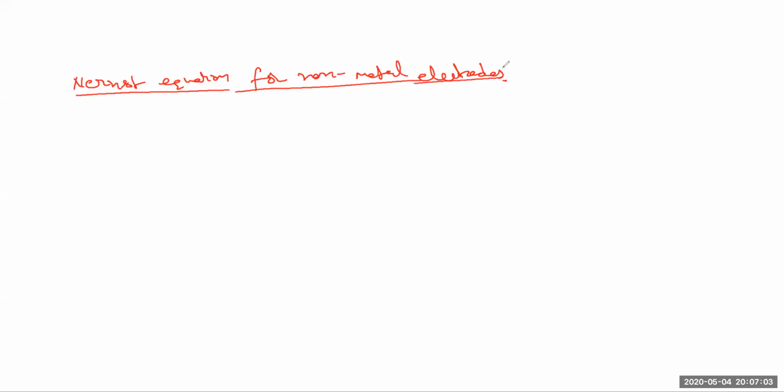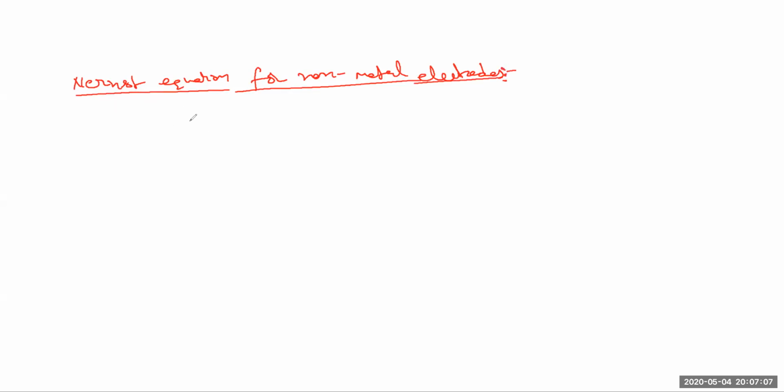Next, Nernst equation for non-metal electrodes. So what is a non-metal electrode?